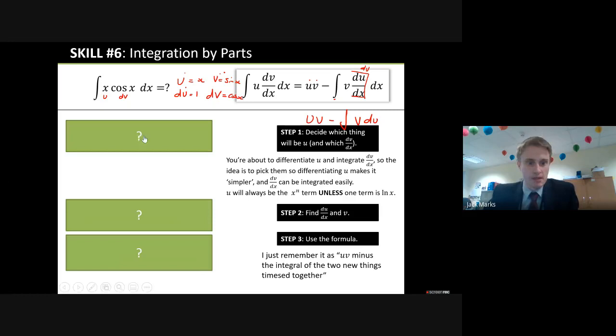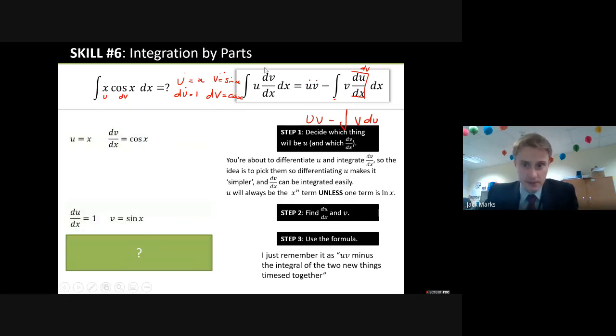So let's have a look. We assign those pieces there, we work out the other pieces, and then we plug it all into this formula. So uv will be x sine x. Now that bit doesn't need to be integrated. Look, there's no mistake there. There's no integral sign. So that's just x sine x minus the integral of v du. Well, v is sine of x and du is 1.